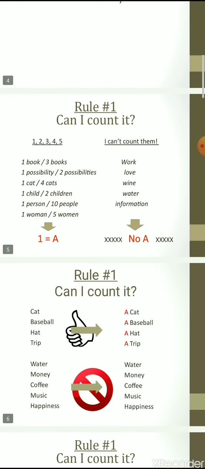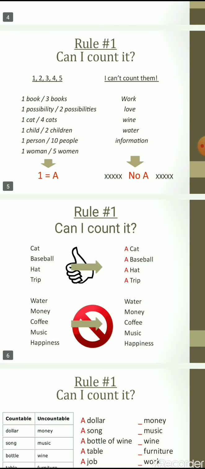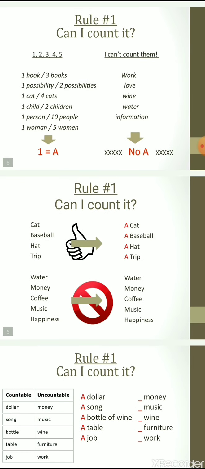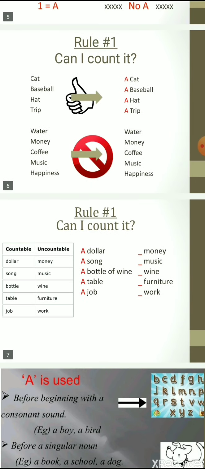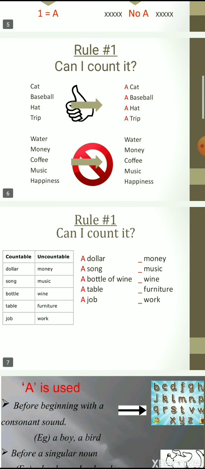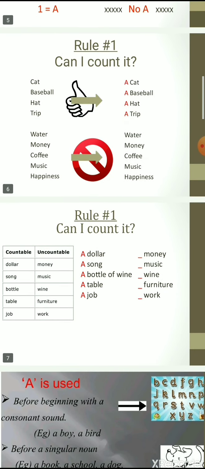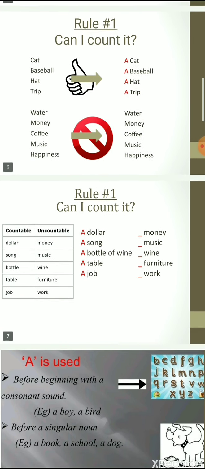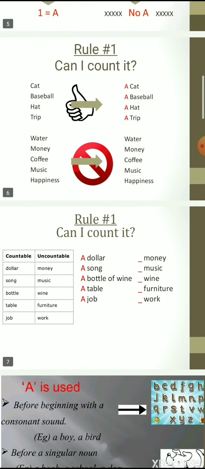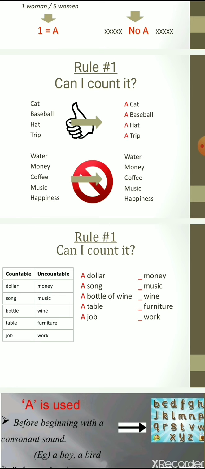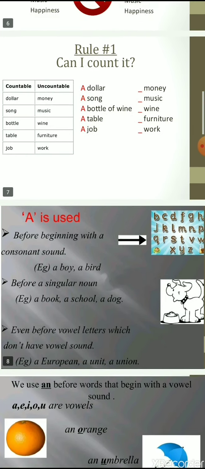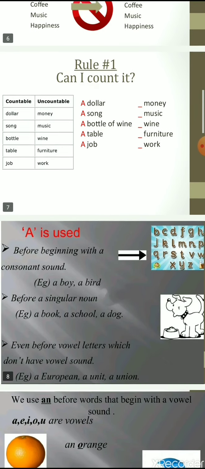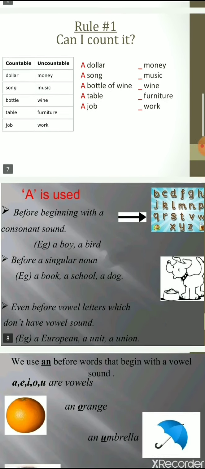That means 1 is equal to a. So it has to be singular and non-specific. So this is our first rule. It has to be one and it has to be countable. You can see here where we cannot use and where we can use. So we have established the rule that it has to be a countable noun and singular.